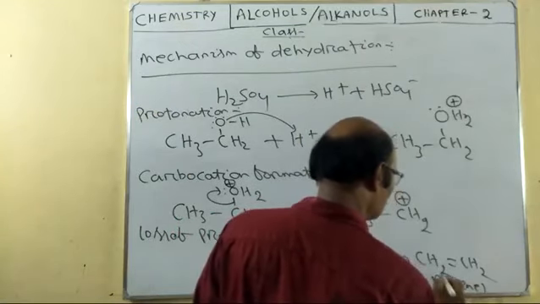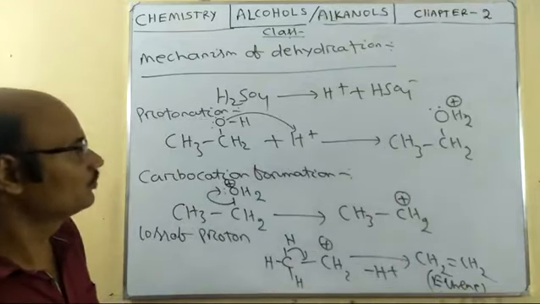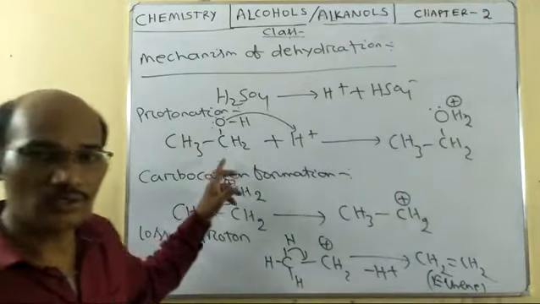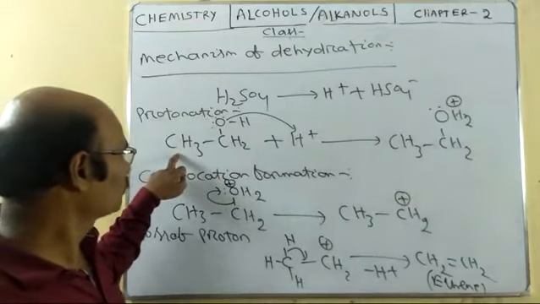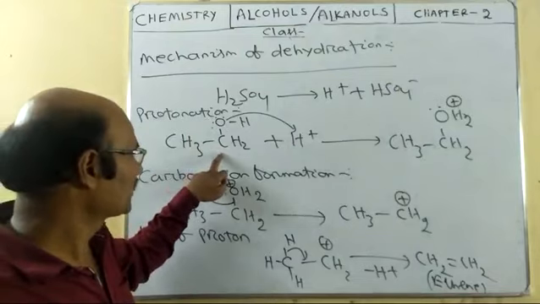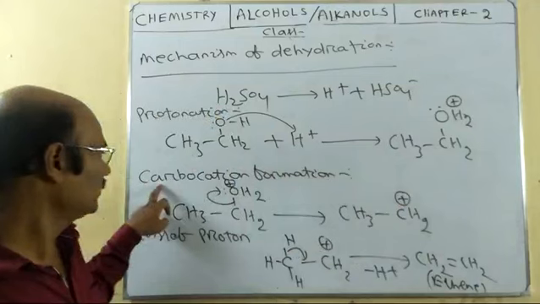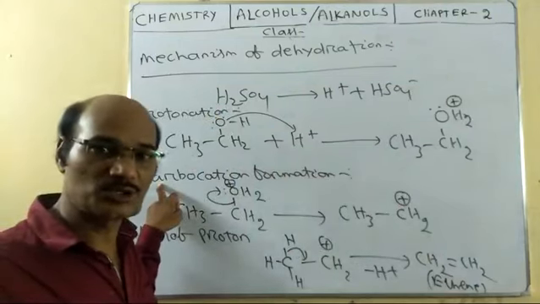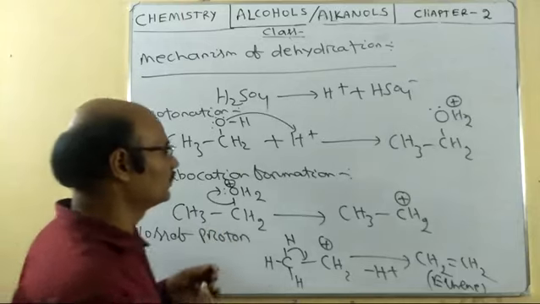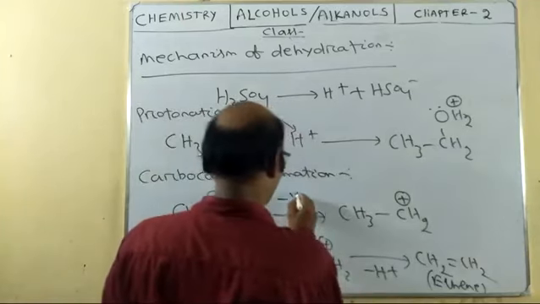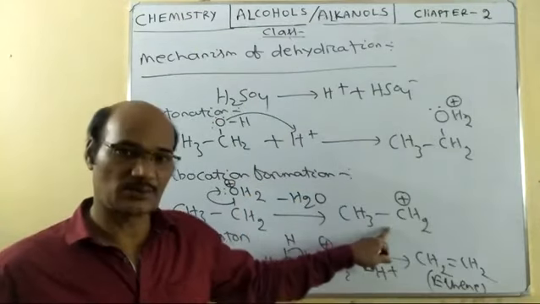So the dehydration of alcohol takes place in three steps. In the first step, protonation, the alcohol takes the proton to give this species. In the second step, carbocation formation, the water molecule is removed to give this carbocation.